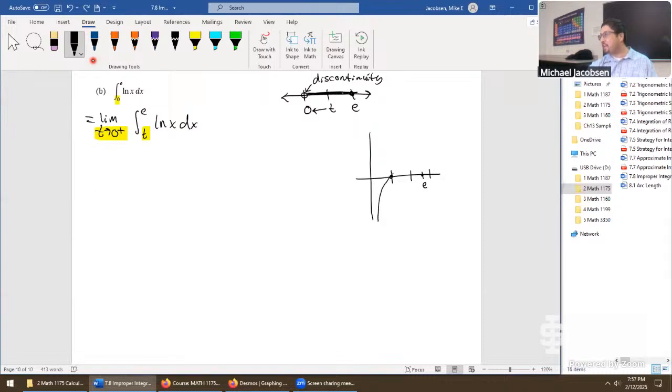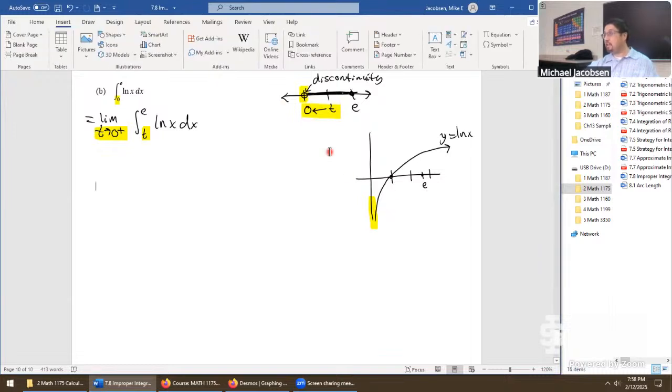Graph looks about like that. So here's y equals natural log x, the total graph. But on the domain, if we're integrating from 0 off to e, the discontinuity is right over here. So we always head towards that discontinuity. Other questions at the moment?